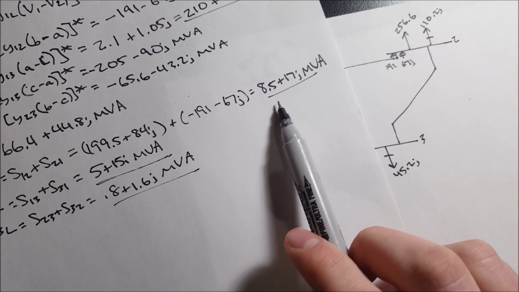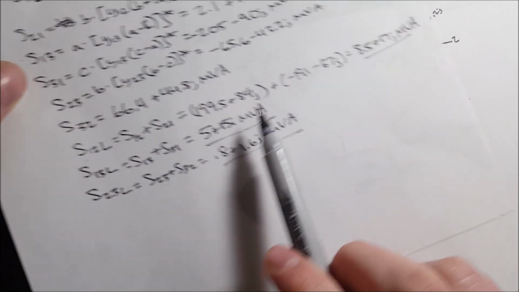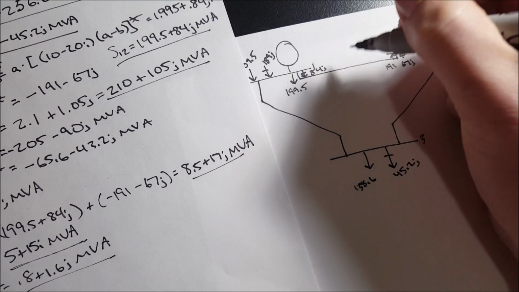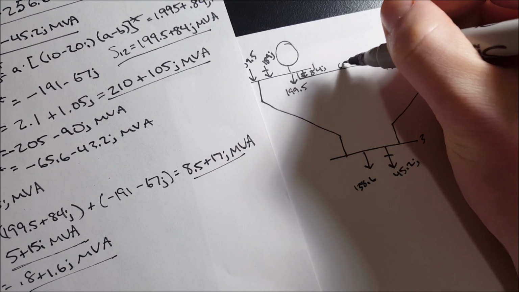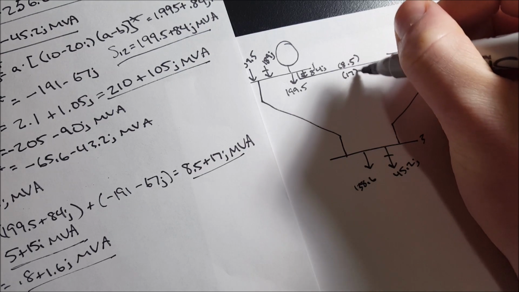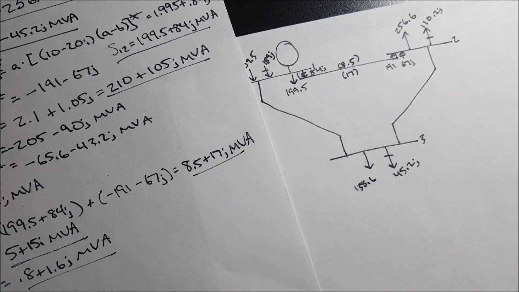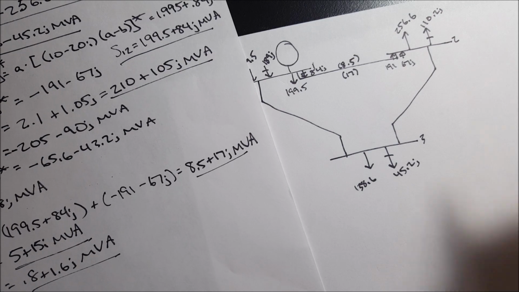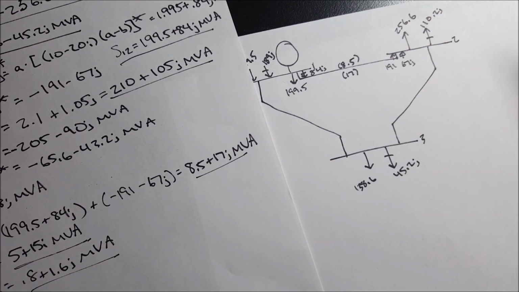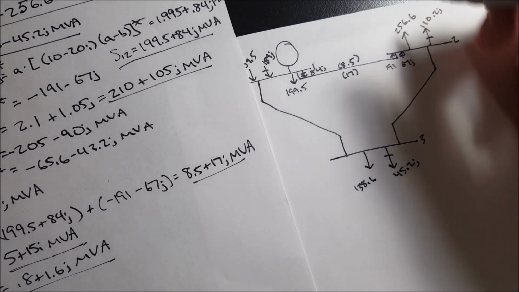And lo and behold, 8.5 and 17J for S12 loss. And we label it like this, 8.5 and 17J, however your professor wants it.